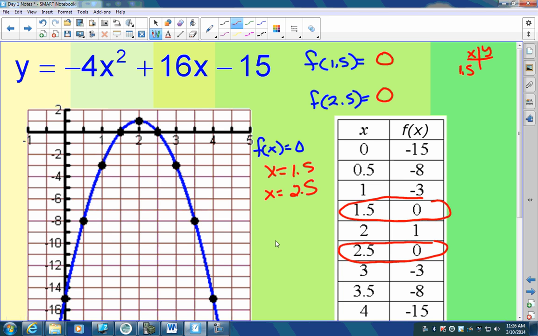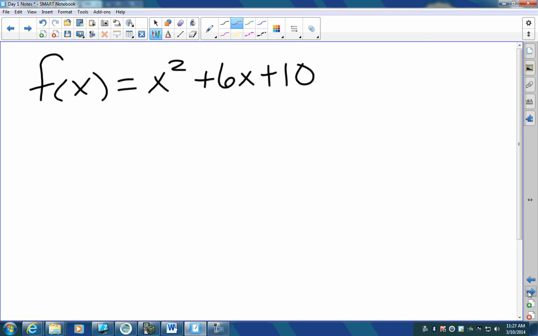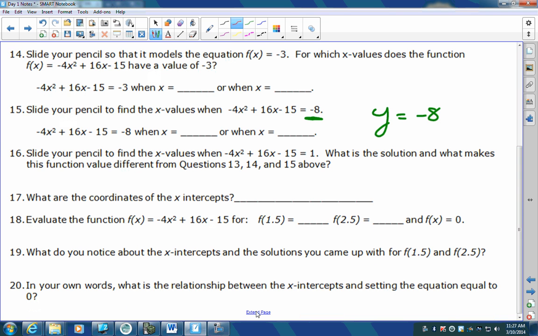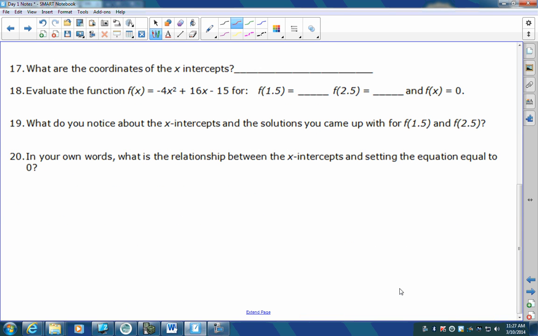Number 19 says, what do you notice about the x-intercepts and the solutions you came up with for f of 1.5 and f of 2.5? They are the same. The biggest thing tying all of this together is this. It says down here in your own words, what is the relationship between the x-intercepts and setting your equations to 0?